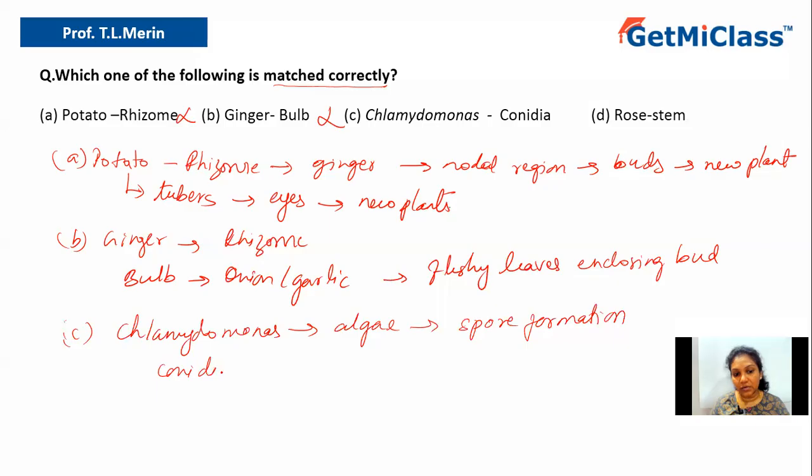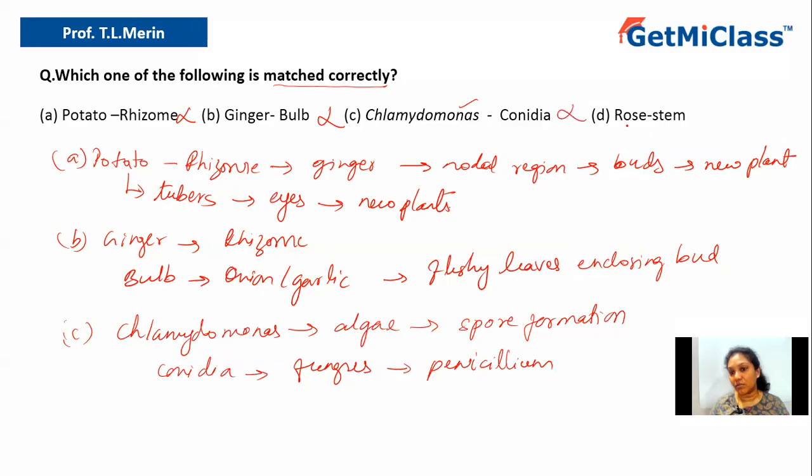What is conidia? Conidia are special structures found in certain types of fungus, for example Penicillium. Conidia are a reproductive structure which give rise to spores, and spores germinate into a new fungus. But Chlamydomonas are algae, whereas conidia are found in fungus. Hence, this match is incorrect.